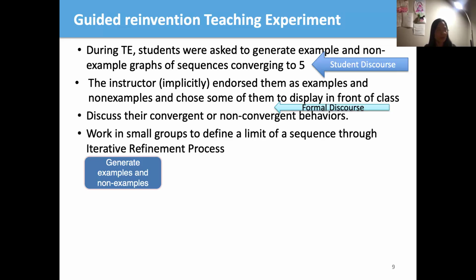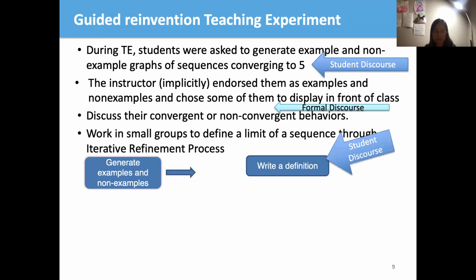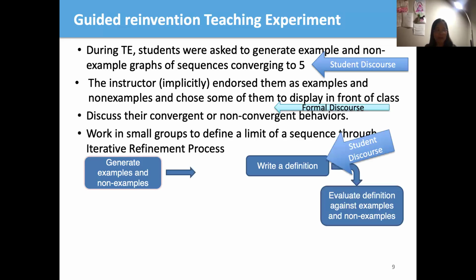They worked in small groups to define the limit of a sequence through what we called an iterative refinement process. They wrote a definition based on their own thinking, but then they evaluated the definition against examples and non-examples, which was informed by formal discourse, especially the meta rules of defining, because the definition should include all the examples and exclude all the non-examples.